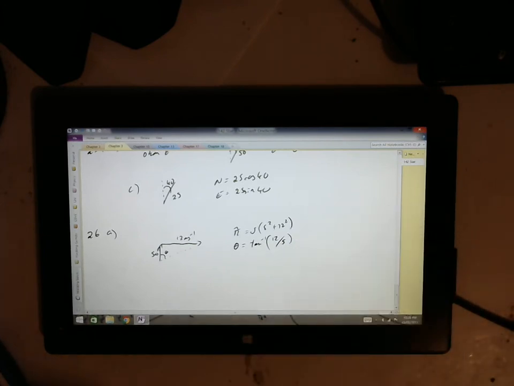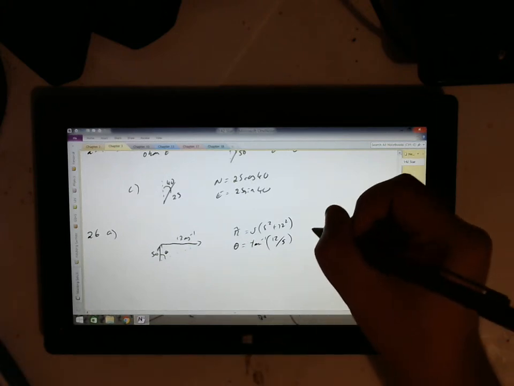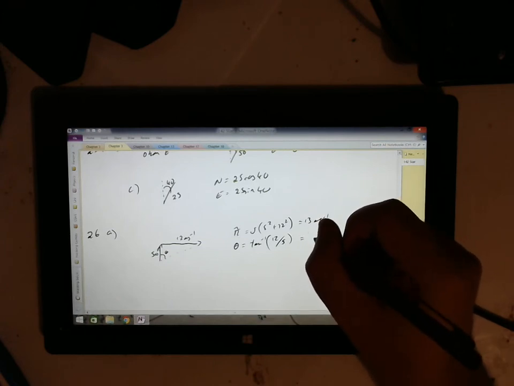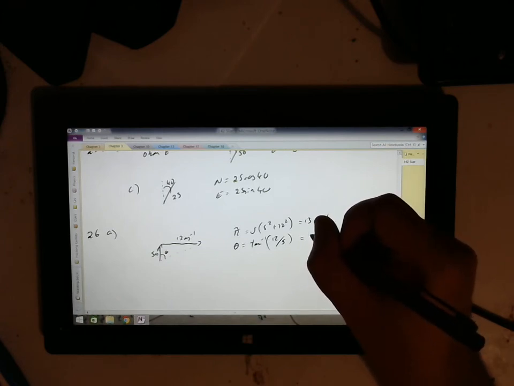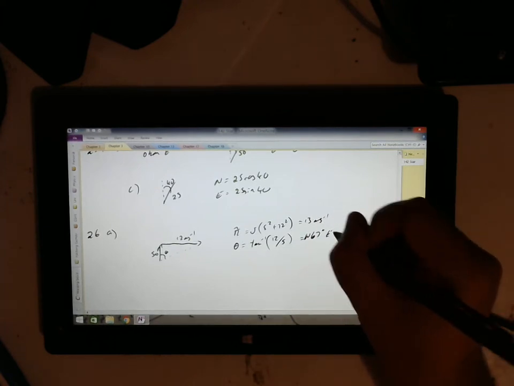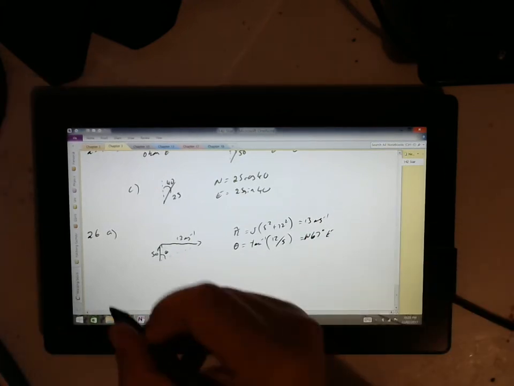I'll just skip straight to the answer: 25, 26, 13 meters per second, and the angle will end up being 67 degrees. So that would be north 67 east. Okay, B.